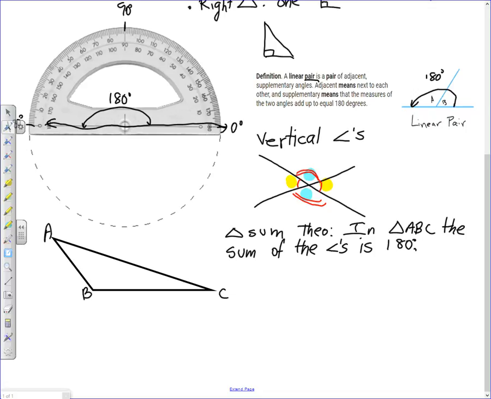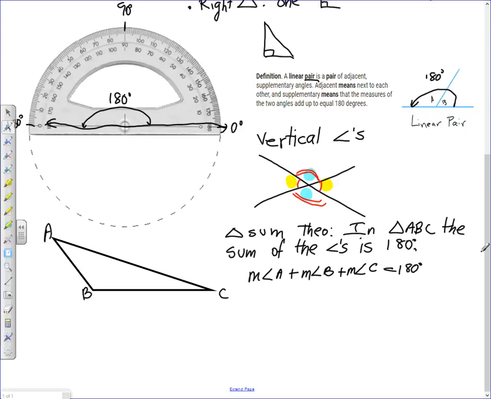So basically what this says is the following. The measurement of angle A plus the measurement of angle B plus the measurement of angle C is equal to 180 degrees. And that's it. That's your answer. Okay? So the triangle sum theorem says if you have any triangle and you add the angles, it would always, always, always be equal to 180 degrees.